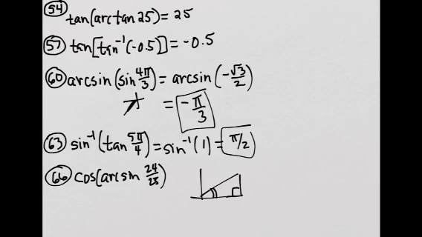And then we form the right triangle. So sine is y over r. And now we're going to solve for x. So using Pythagorean theorem, you do 25 squared minus 24 squared. That gives you 49. And so the square root of 49 is 7. Okay, so the cosine of this angle would be x over r, so that's 7 over 25.